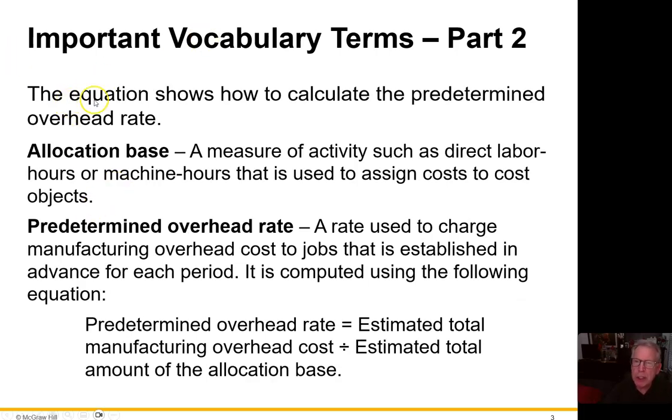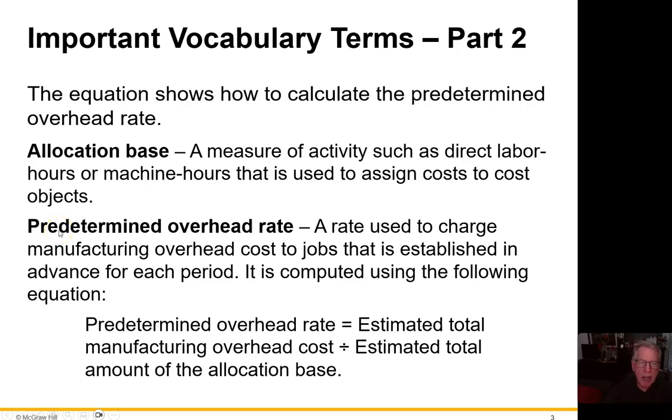The equation shows how to calculate the predetermined overhead rate. We take an allocation base, that's a measure of activities such as direct labor hours, machine hours, any logical allocation base may be used. And then we have predetermined overhead rate.